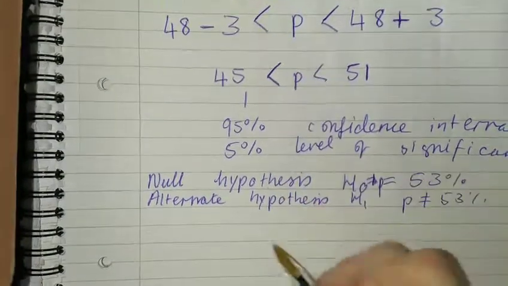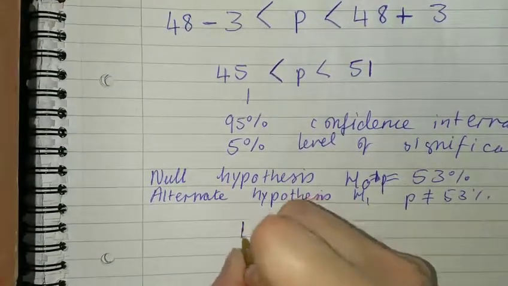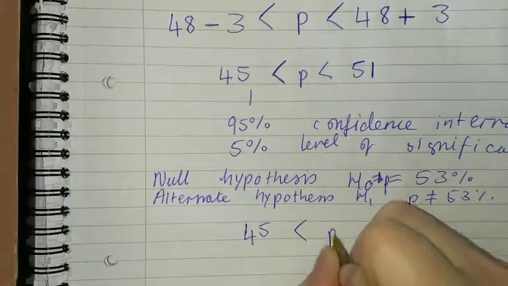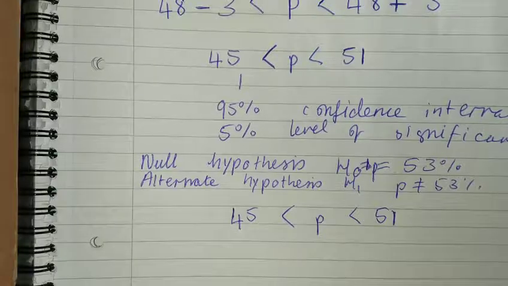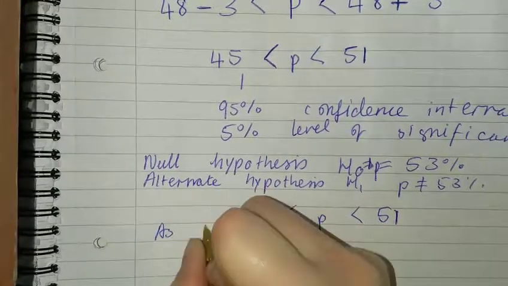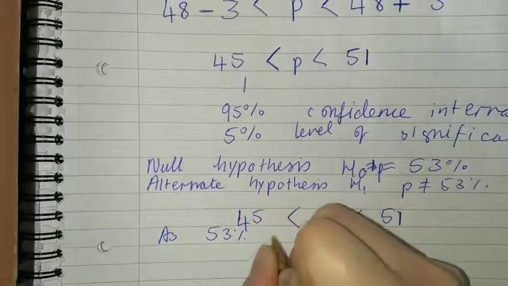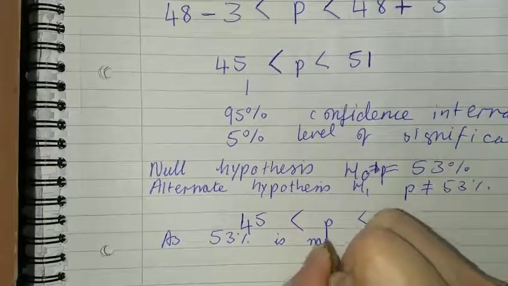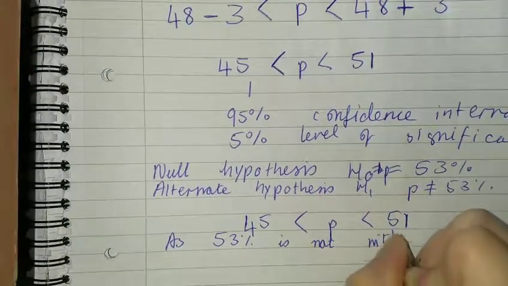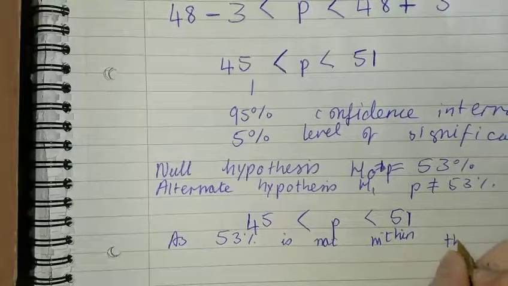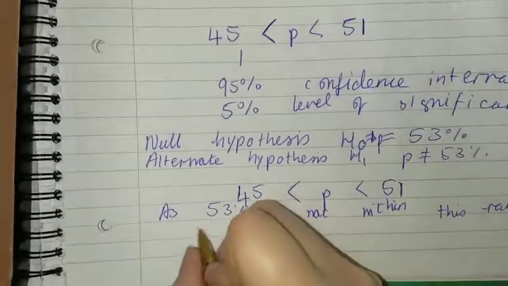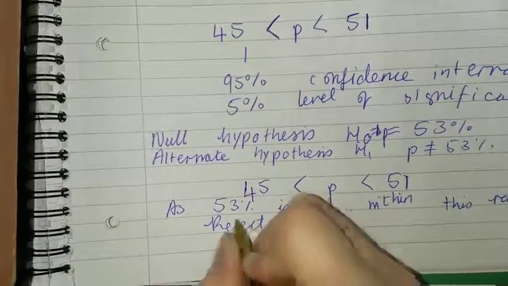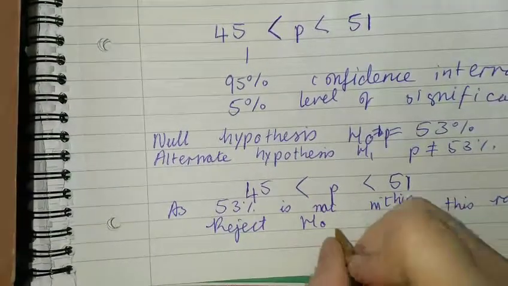So our confidence interval range is between 45 and 51, and as 53 is not within this range, we have to reject H0, which is the null hypothesis.